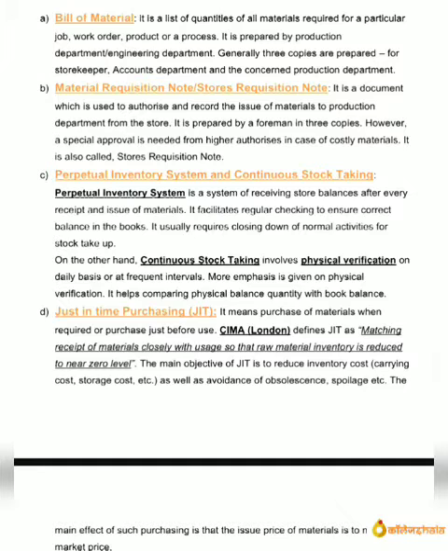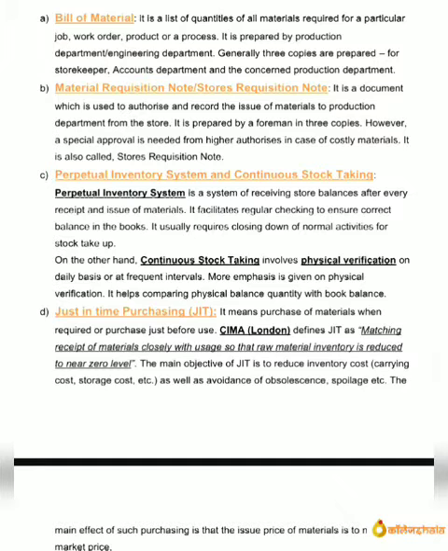So for this, a purchase order is prepared in detail with various copies to be given to the supplier, to the production department, to the purchase department, the accounts department, as well as the stores department.